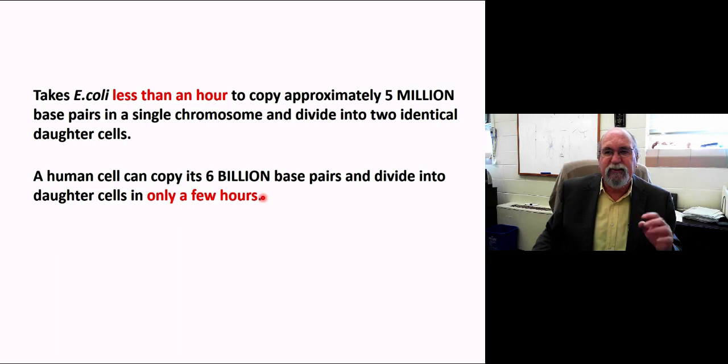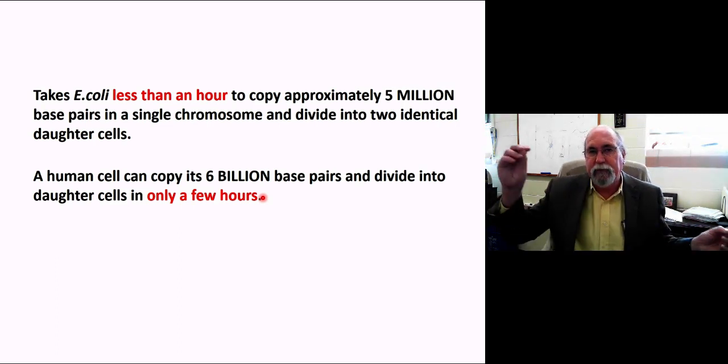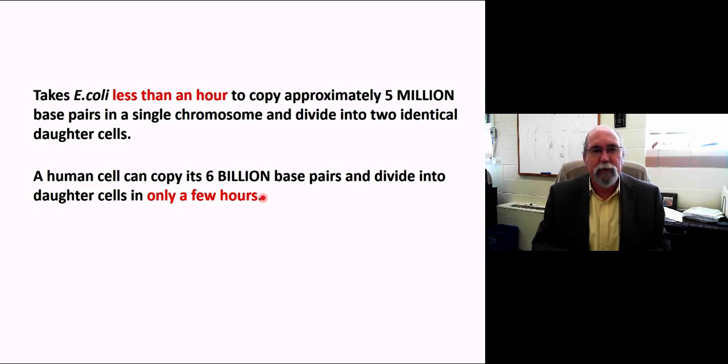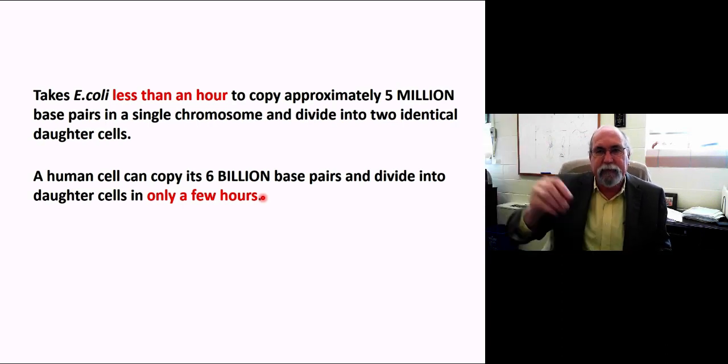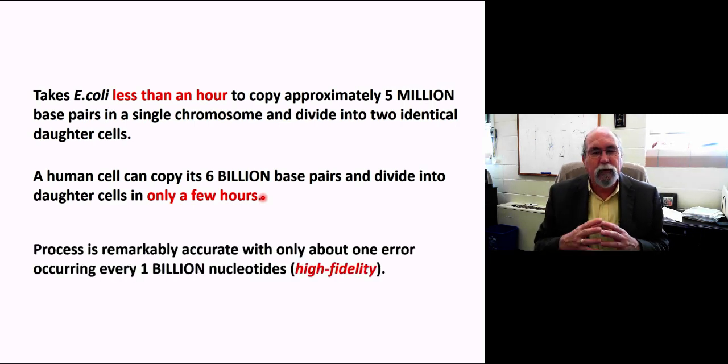A human cell has 6 billion. Remember I told you that there's enough DNA in a human cell to stretch from here to the moon if we were to take all of our DNA and literally stretch it out. Still, all those billions of base pairs can be copied in a few hours, and it is just phenomenal how that can work, okay? And what's really, really important is that the accuracy of this is just absolutely phenomenal.